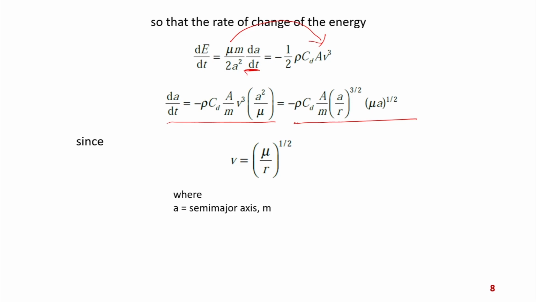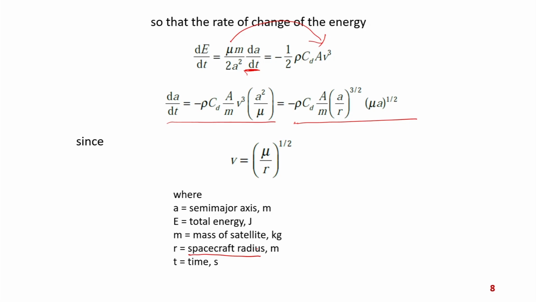Here again, A is the semi major axis and it is in meters, E is the total energy, m is the mass of the satellite, and r is the spacecraft altitude, and t is the time.